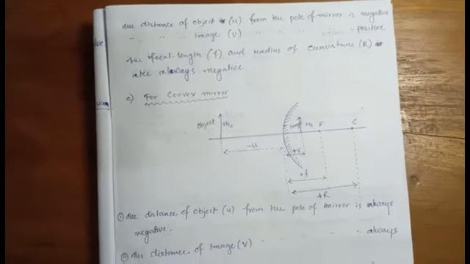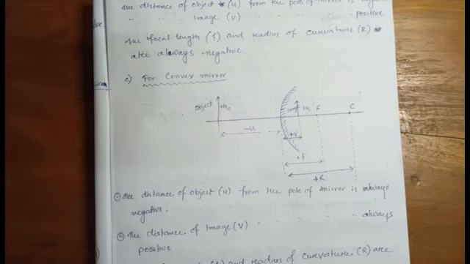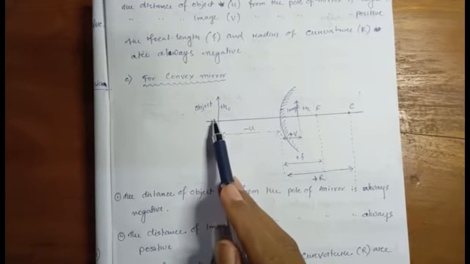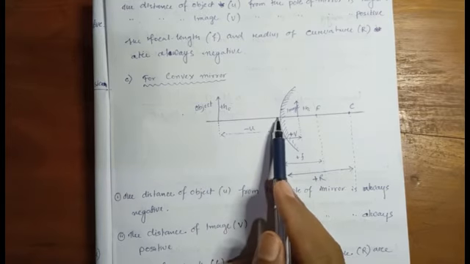Next, number C, for convex mirror. As we know, in case of convex mirror, the image is always virtual, and virtual means that the image will be formed behind the mirror. So as you can see here, by convention the object will always need to be kept on the left of the mirror.